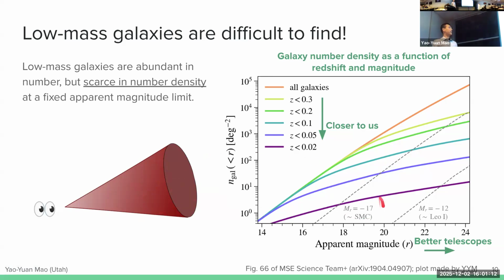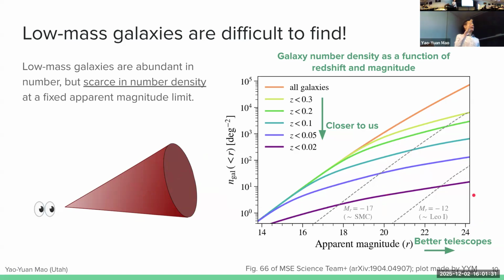So at fixed apparent magnitude, the ratio of nearby, intrinsically faint galaxies to all the galaxies you can see at the same apparent magnitude decreases as you get a better telescope. And this is not even the Rubin magnitude limit, which is way over there.